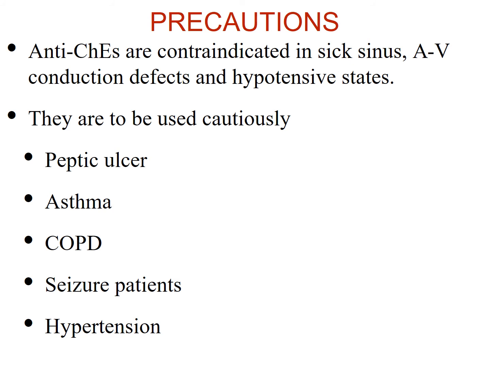These are to be cautiously used in cases of peptic ulcer, asthma, COPD and hypertension, because these drugs have a role in increased secretion, leading to peptic ulcer, so they are cautiously used in these cases. They are responsible for bronchoconstriction, so to be used cautiously in cases of asthma and furthermore.